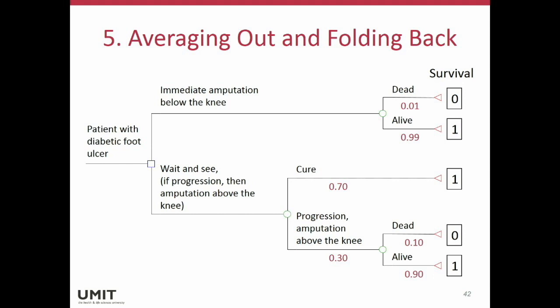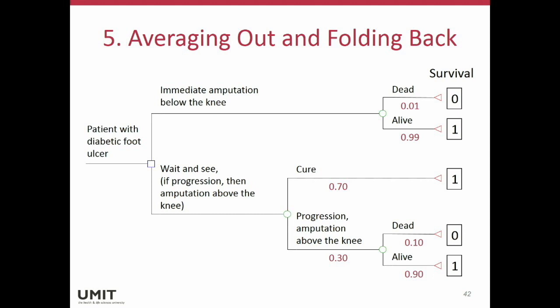So the next step, after we have now completed the model, is doing the calculation. And we call that averaging out and folding back. So what will happen now is we start from the right to the left. This is what we do in decision analysis. It's called recursive problem solving. You start at the very end, and then you bring everything forward.